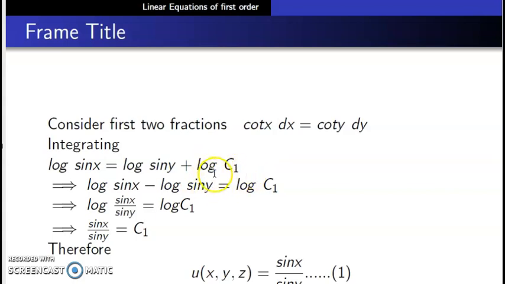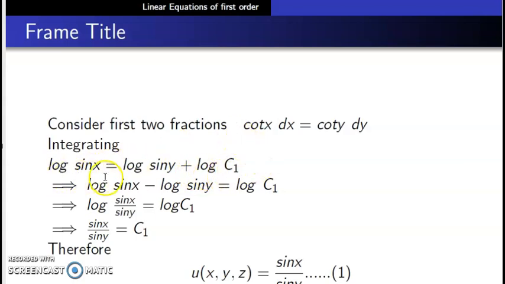Instead of writing the constant as a, I am writing it as log c1. I wrote log here because if we write log, we can simplify this expression to a more beautiful form. If you write a here also, there is no problem. So for simplicity, I am writing log c1.